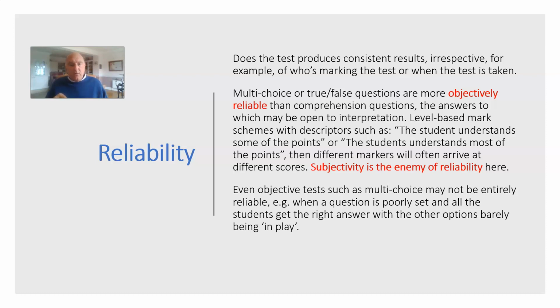So that's why when exam boards, for example, Cambridge, pre-test multi-choice, they try and get something like, let's say, 70% of students get the right answer, and then about 15% get one of the wrong answers, and the other 15% get the other wrong answer. So in other words, you need to have each of the options in play, and clearly there's a great art about designing multiple choice tests for them to be reliable.